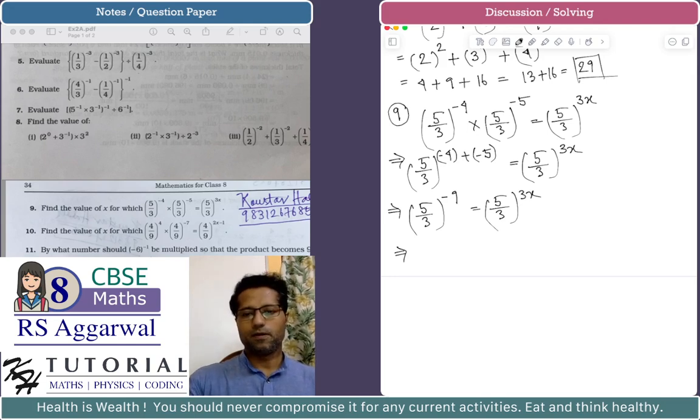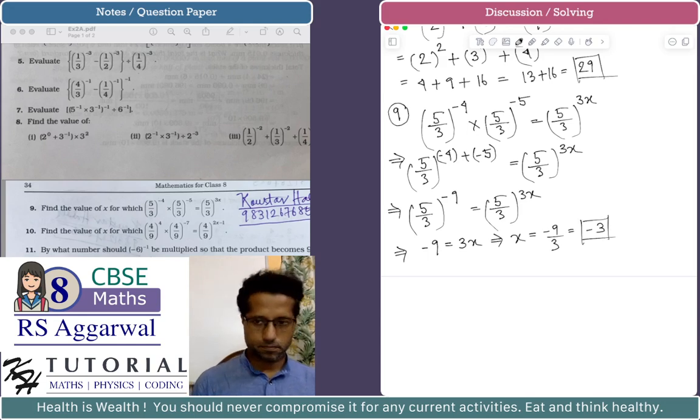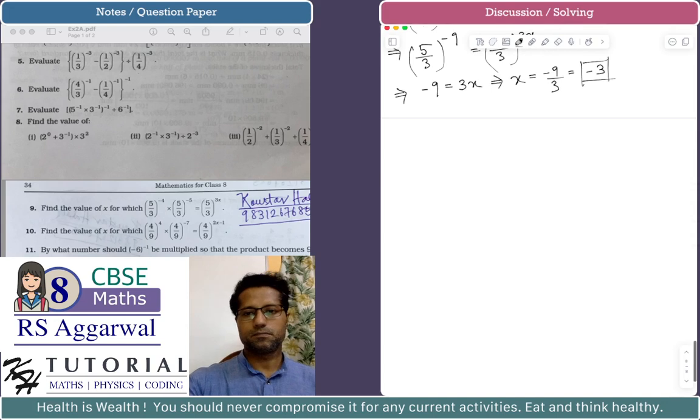So we will have minus 9 equal to 3x. This implies x is equal to minus 9 by 3, which is equal to minus 3. So x is minus 3. Okay, let's solve problem number 10.